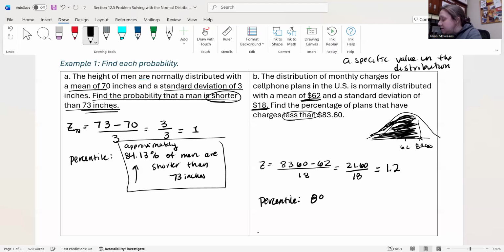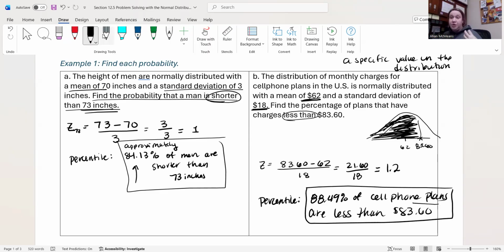So 88.49% of cell phone plans are less than $83.60.